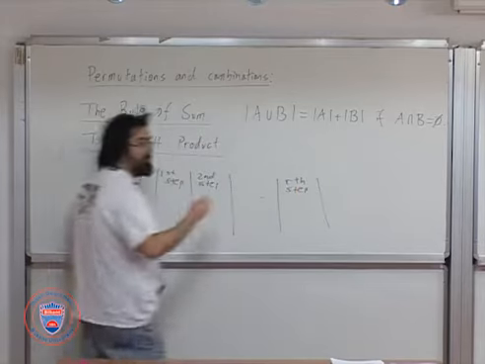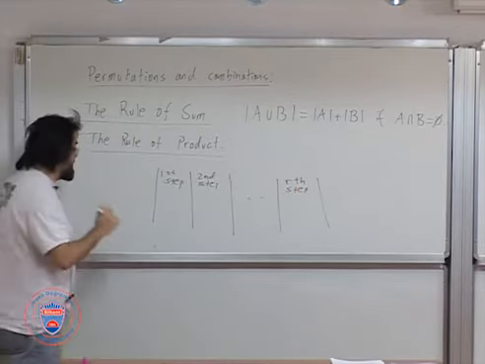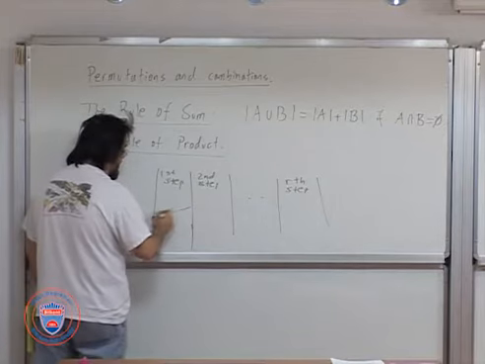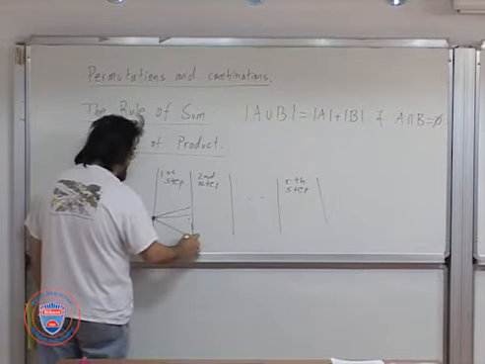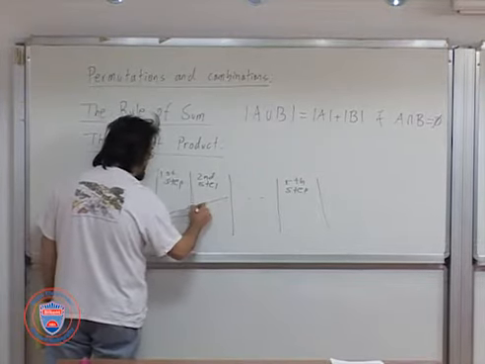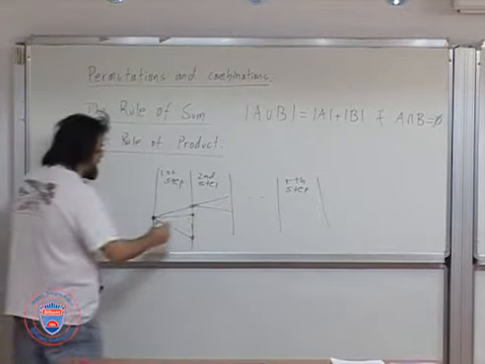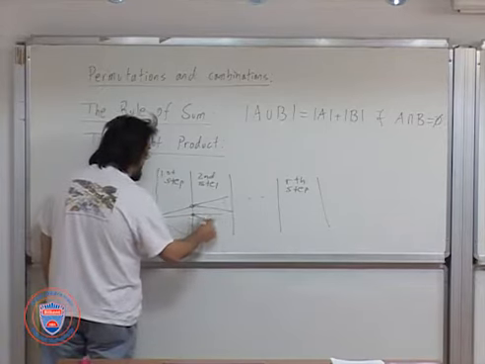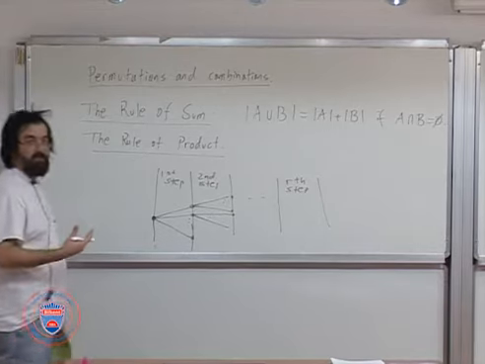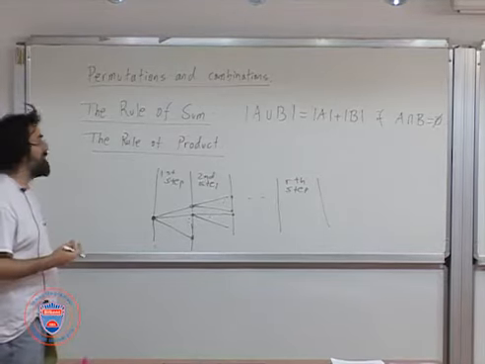And this procedure has this property. This is also very, very important: on each of these outputs of the first step, you have exactly the same number of outputs for the second step. So this uniformity, that these numbers of outputs are equal, is a very special thing. It doesn't happen all the time.